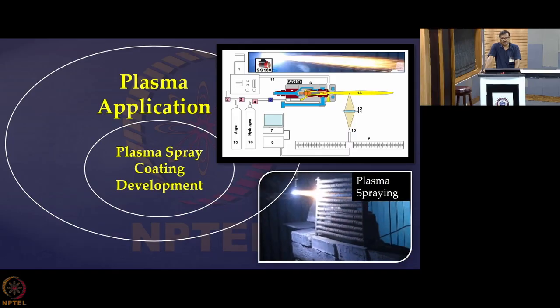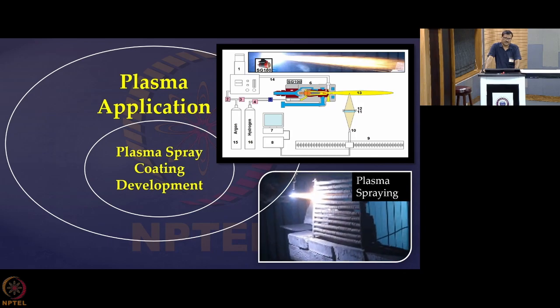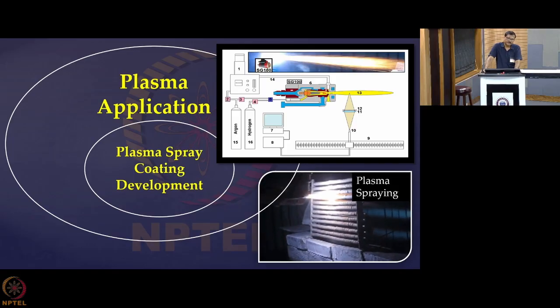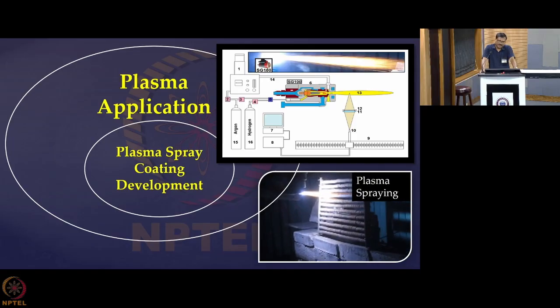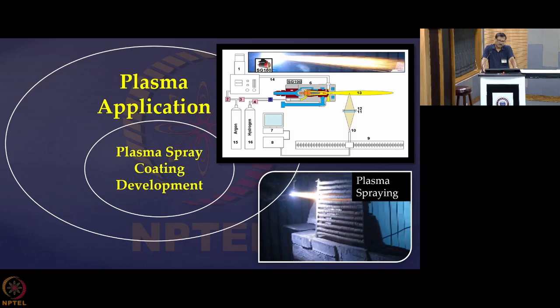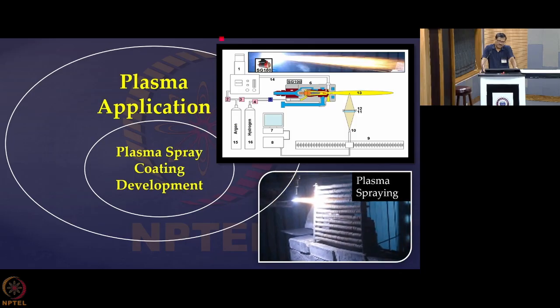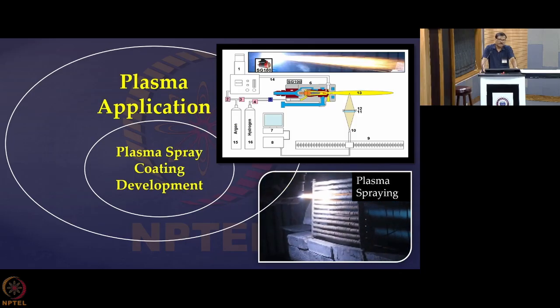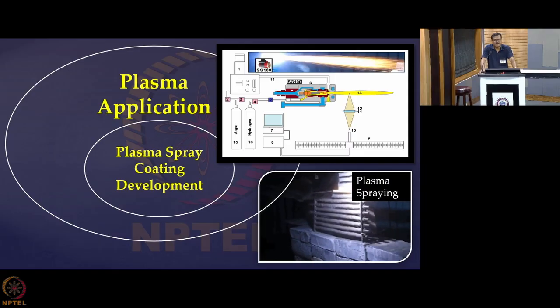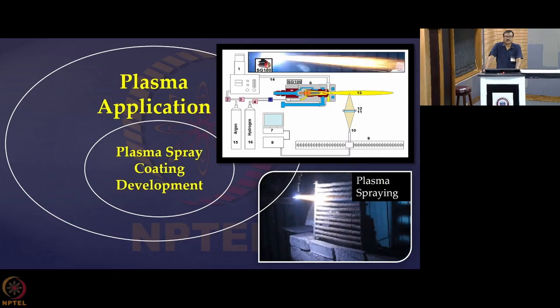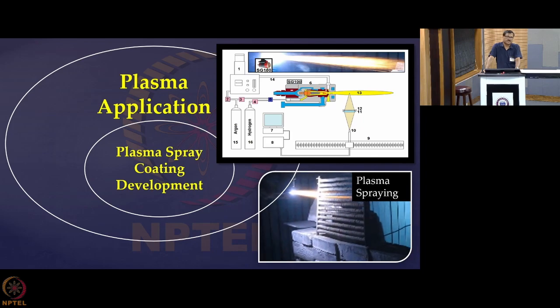Apart from that, suppose you are going for an application where the surface is going to encounter a very corrosive environment. Then you can apply some protective coating over the surface so that the original material doesn't get exposed to that corrosive environment. So these are environmental barrier coatings. Nowadays, yttrium oxide and other ceramics have a very high melting point, and those materials are getting coated using this plasma.